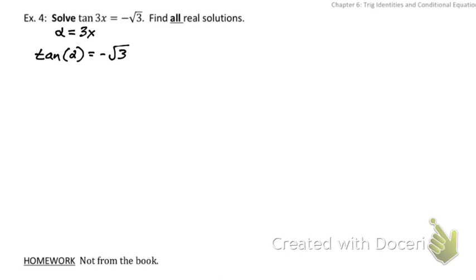Well, if I'm looking for tangent alpha equals negative square root of 3, if I look at my unit circle, tangent is negative in this quadrant, and it's negative in that quadrant. So we're just looking at those two quadrants for where tangent equals a negative square root of 3.